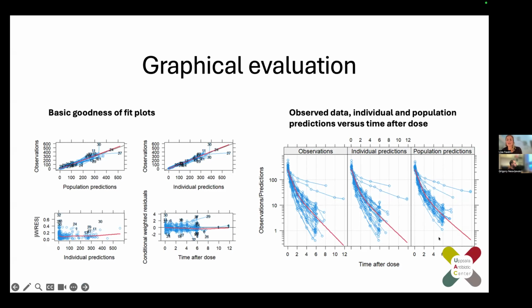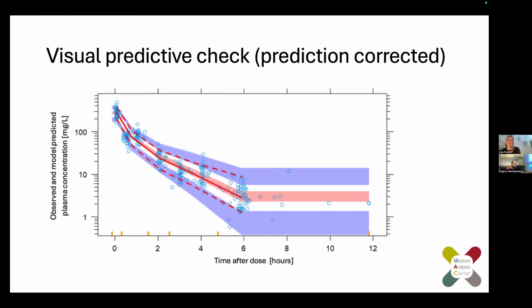And I think this is also a fun plot where you plot the observed data versus individual predictions and population predictions. This is like the truth. You see the true observations taken for all the patients plotted against time after dose. And here you can see how the model predicts the concentration for the population and for the individuals. And you can see that the model is quite good at predicting the true concentrations.